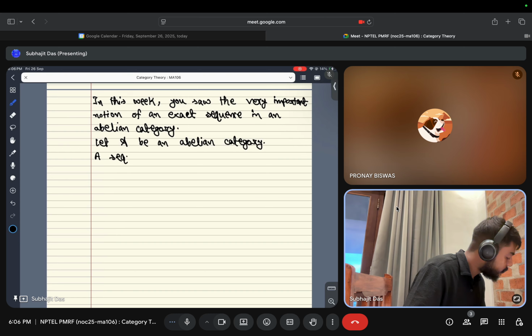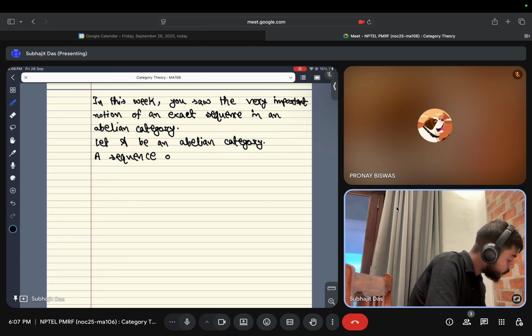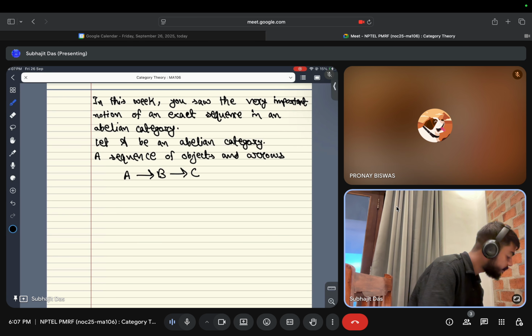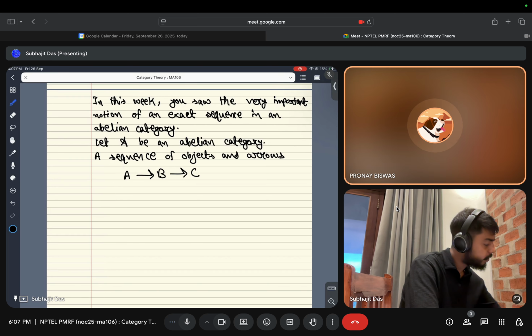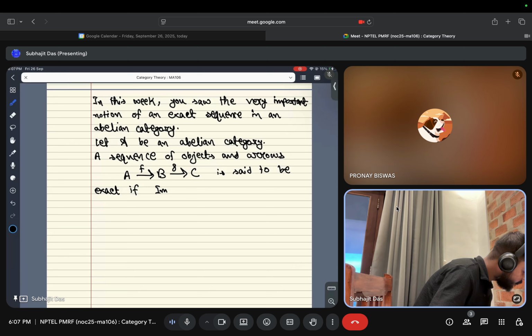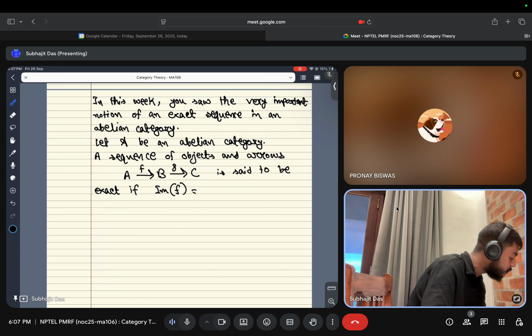A sequence, by which I mean a path of composable arrows, a sequence of objects and arrows A, B, C (let's keep three objects for the time being), with maps f and g, is said to be exact if the image of f is equal to the kernel of g.